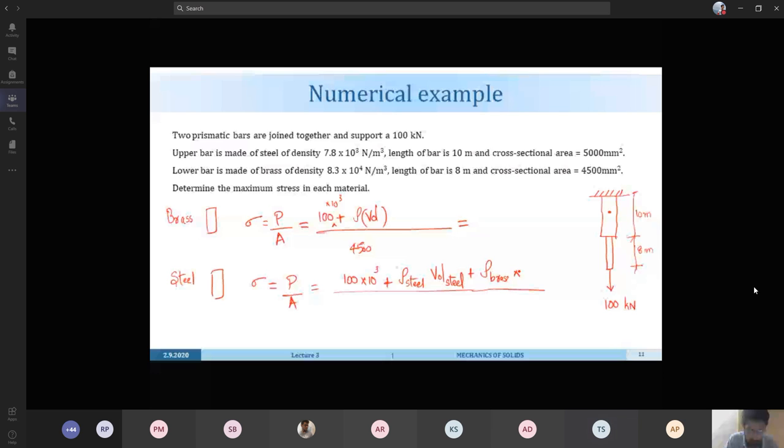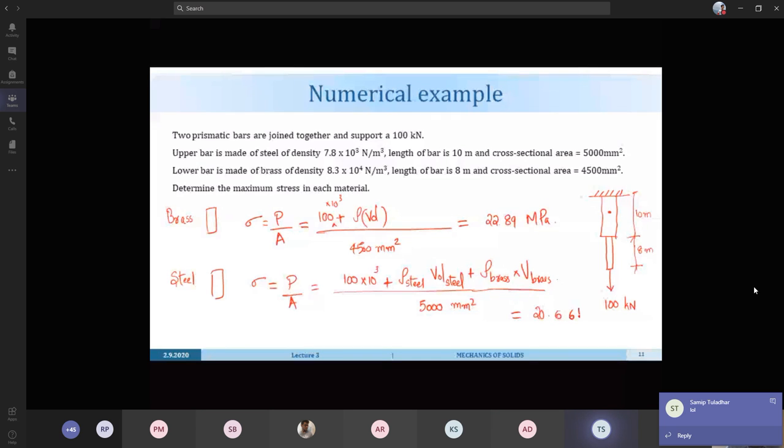And which area now will we take? 5000 mm square, exactly. So for the brass it will come to 22.89 MPa, and for the steel it will become 20.676 MPa.